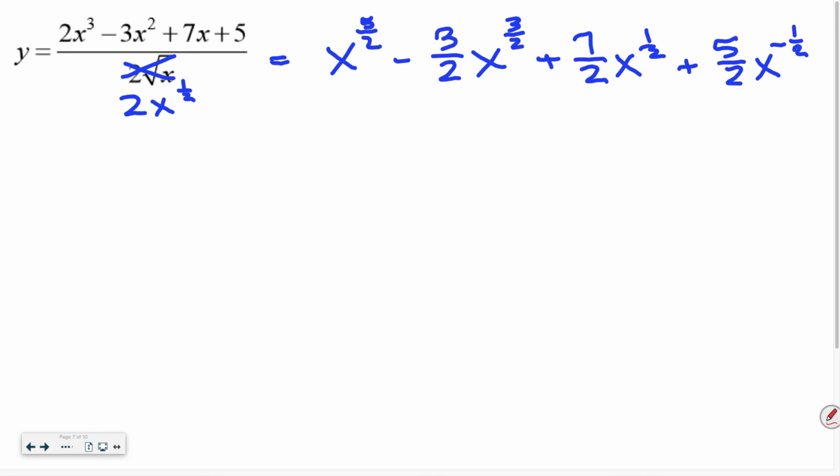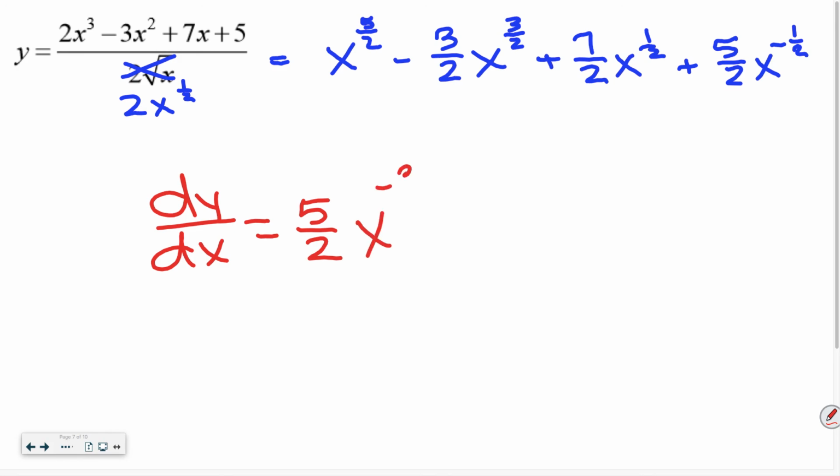So now let's talk about your derivative. 1x to the 5/2. Bring down the exponent and then subtract 1 from your exponent. 5/2 x to the 3/2. Our next term, power rule again.